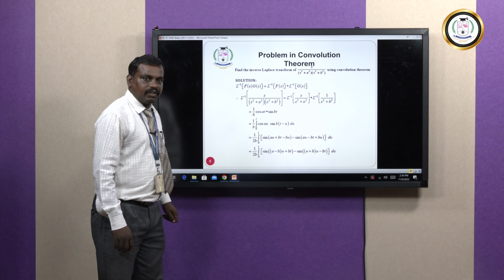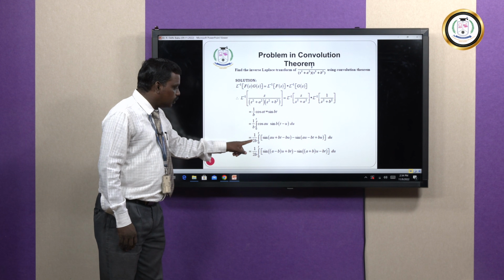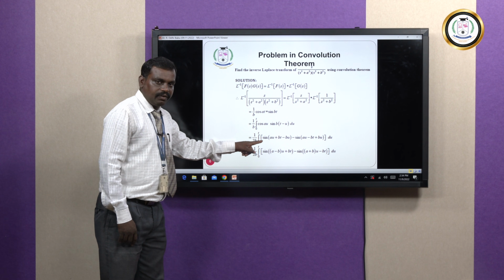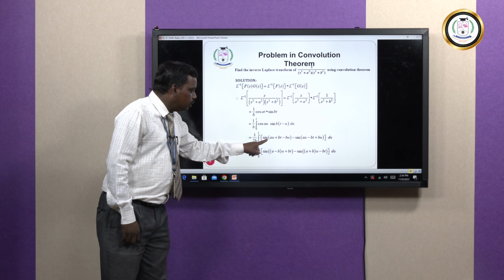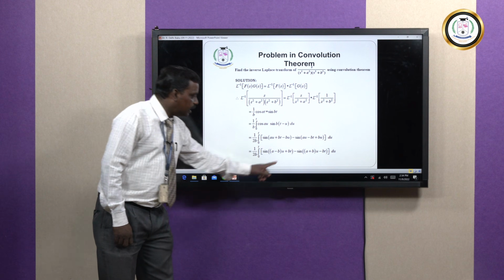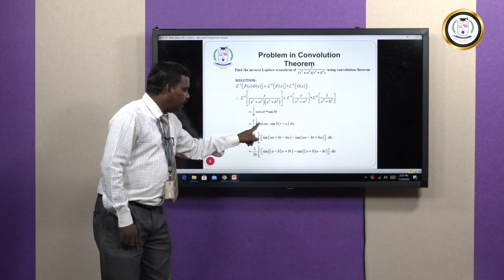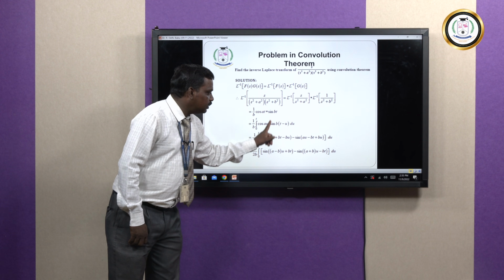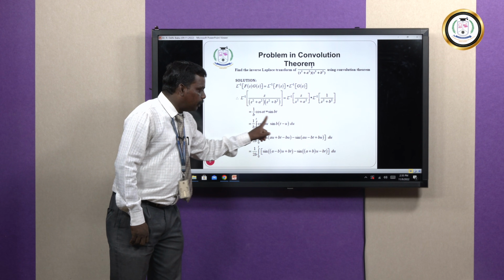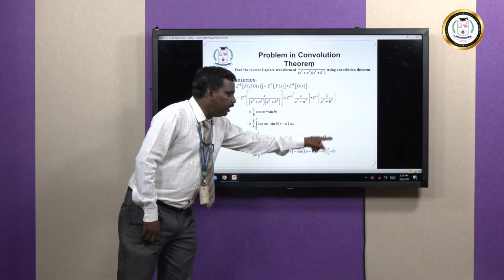Already I have 1/b in front of that. So hence it is 1/2b integral 0 to t of sin(a+b), that means au + bt − bu, minus sin(a−b), that means au − (bt − bu), multiplied by minus, we will get −bt + bu, du.